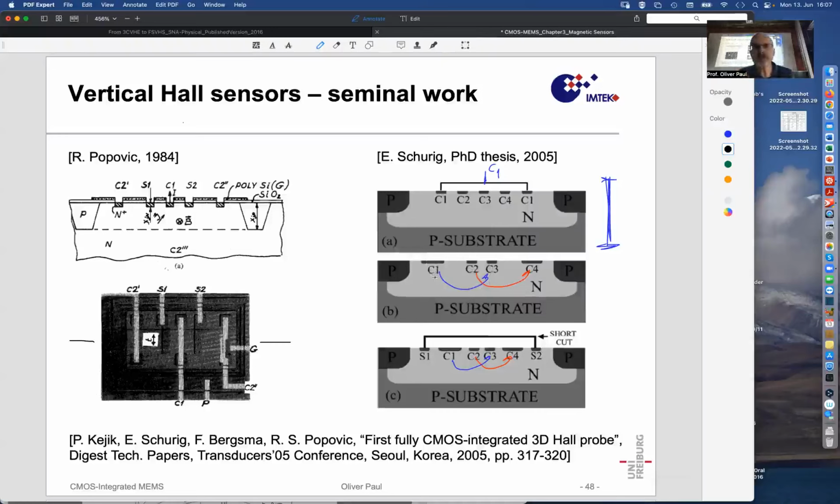For instance, if I send in a current through this path, the blue path, are contacts C2 and C4 on the same equipotential line, so that without magnetic field I measure zero, and in a magnetic field I will measure a deviation from 0 and not from some big geometrical offset.